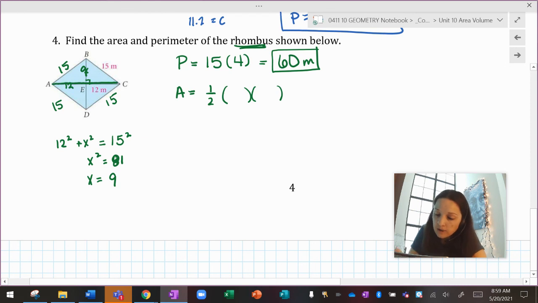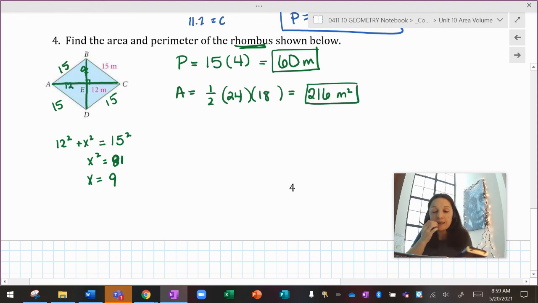This diagonal is 24 meters long. This diagonal is 18 meters long. So I'm going to grab the calculator and do 0.5 times 24 times 18 for 216 square meters worth of rhombus. Okay. There was a lot going on there.